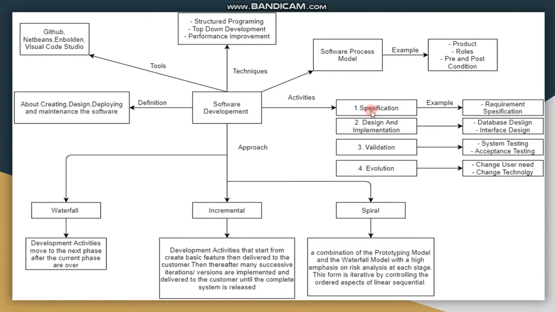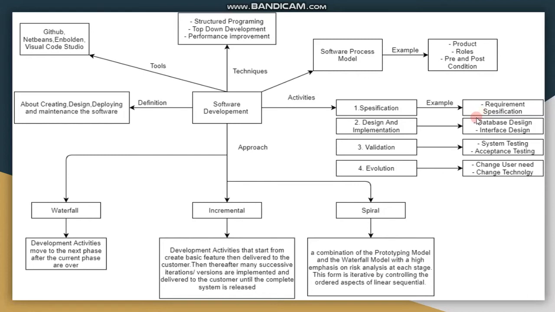Specification is the process that describes what the software will do and describes the functionality of the product or the software. In the specification activities, there are 4 processes, which are feasibility studies, requirement elicitation and analysis, requirement specification, and requirement validation.